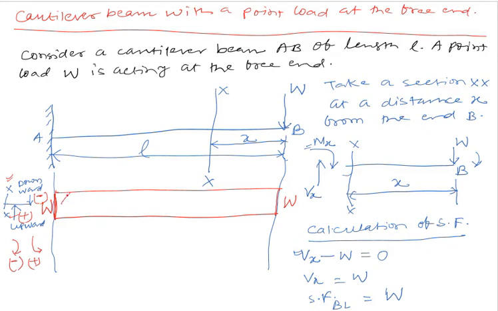This is the shear force diagram. In case of point load, you have to remember one thing, the diagram will be a rectangle, a straight line. This is the shear force diagram, SFD, correct? This is positive.